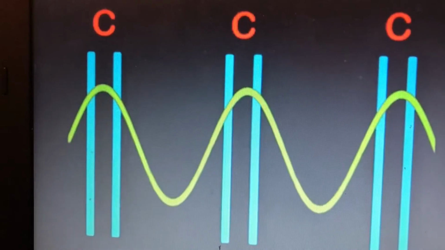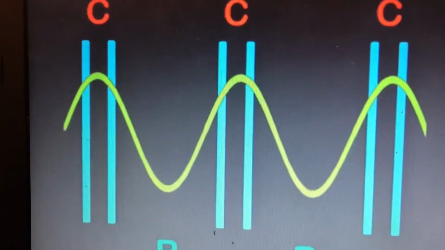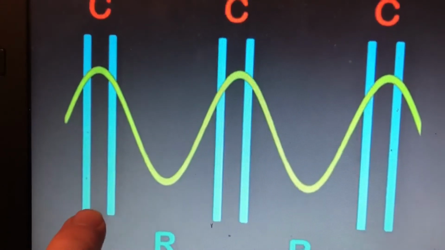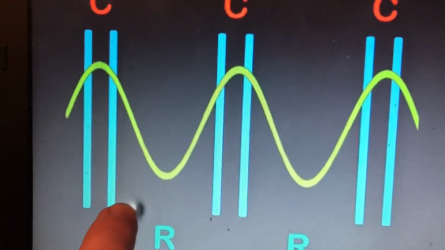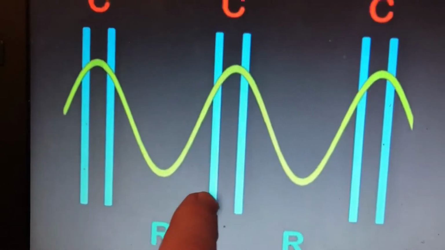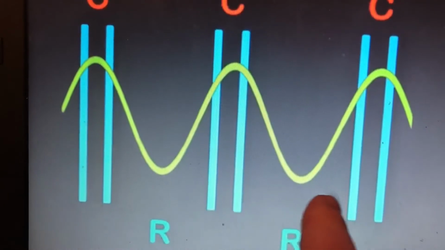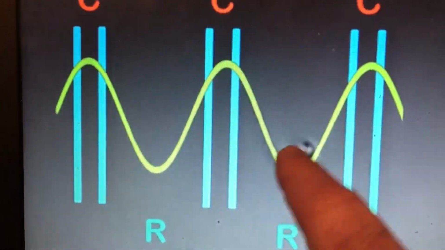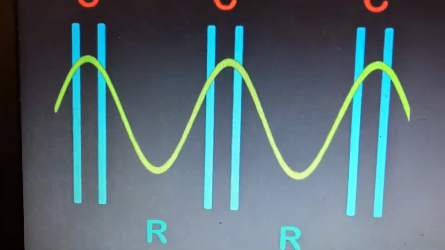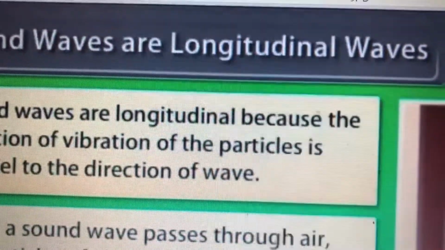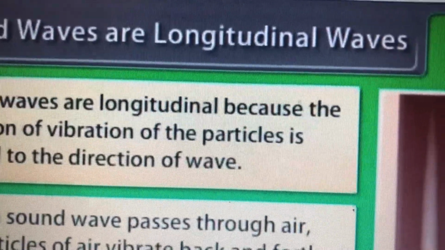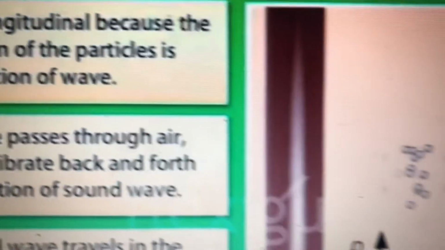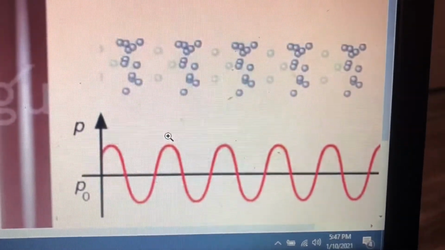And just to give you another example, it would look something like this, okay? So right here is the layer hitting that layer and then coming back and hitting that layer and coming back. And so we diagram it like this, okay? We talked about this word, remember? Longitudinal waves. And sound waves are longitudinal. And here is a really good example of why.